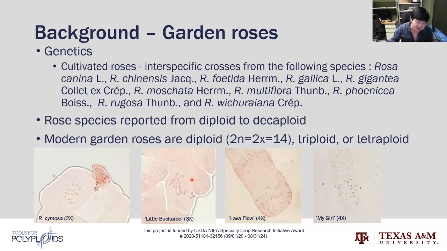So these pictures down here are some of the very first root squashes that I ever did when I started at Texas A&M in 2015. And we were doing root squashes to determine ploidy levels so that we were making crosses on the same ploidy level. Of course, now we have other tools, as Chris showed yesterday in Q-Ploidy.